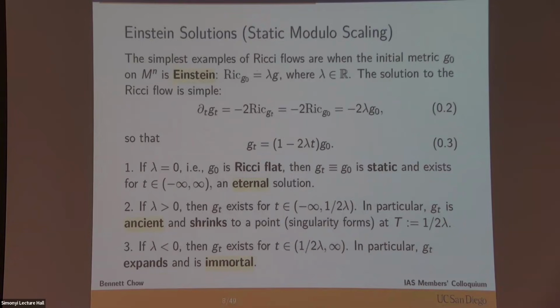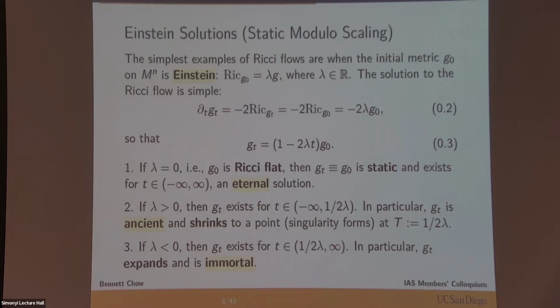So let's start with Einstein solutions. If we think of the space of metrics and mod out by scaling, just multiplying by a positive constant, then these will be the fixed points of the flow. Okay, so we assume we have an Einstein metric here, and lambda could be positive, 0, or negative, depending on the sign of the scalar curvature.